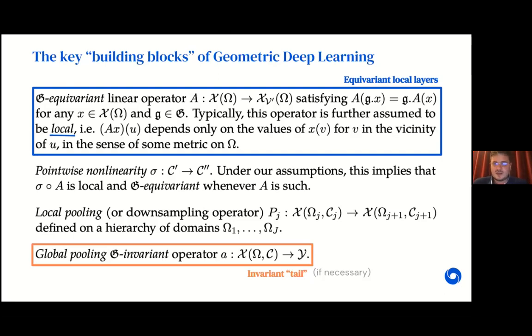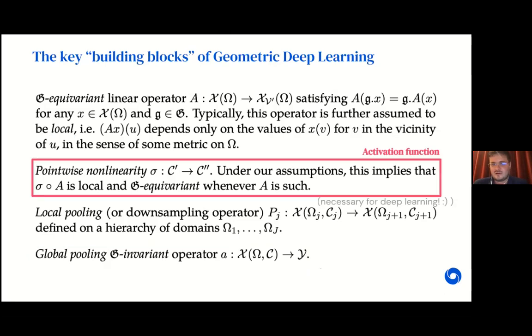Now, the reason why it was totally fine for us to stick to linear group equivariant operators is because in deep learning, we will often impose nonlinearity through an explicit activation function, which is just a nonlinearity applied to every single feature dimension in isolation. Things like sigmoidal functions, rectified linears, and so on.